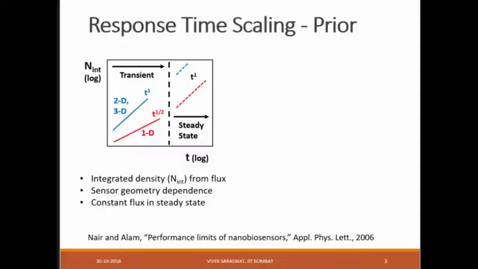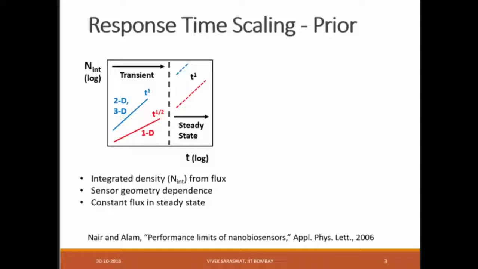This is the flux that has been integrated over the sensor surface, and what we know is that depending upon the geometry of the sensor, whether it's a 1D diffusion case or a 2D and 3D diffusion case, the transient integration of the particles on the sensor surface follows a different law with time. And once it's the steady state, the flux becomes constant.